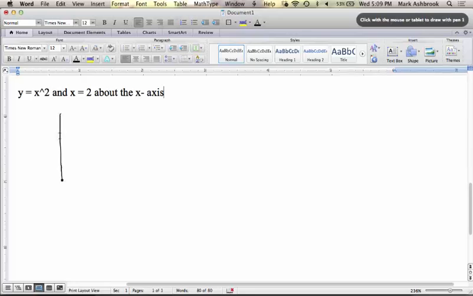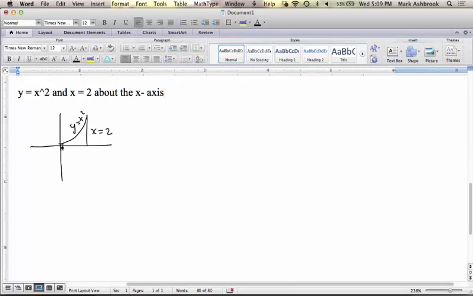All right, so we're going to do y equals x squared, x equals 2. We're going to rotate about the x-axis, so that's going to look like this. And we did pancakes stacking this way, right? So the volume of a typical disk was what?